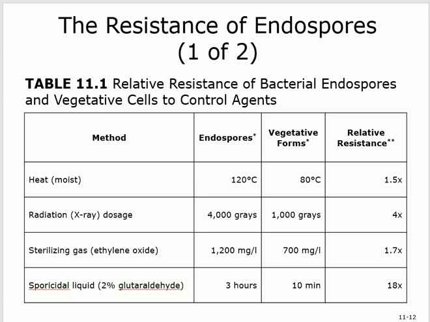The vegetative form takes less time, smaller dose, than the endospores. Irrespective of the numbers, just understand that the vegetative form is easier. What I mean by easier, less dose, less time. How about the endospore? More dose, more time. That's it.